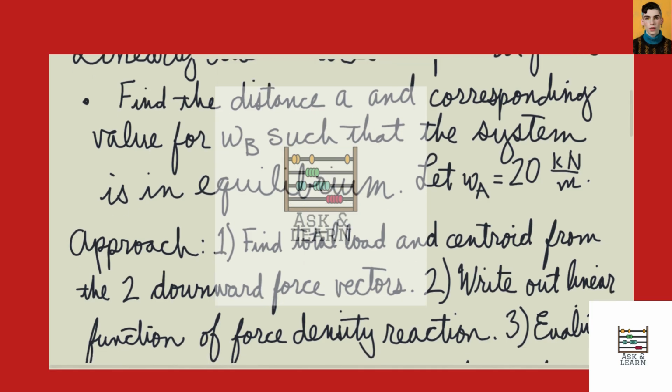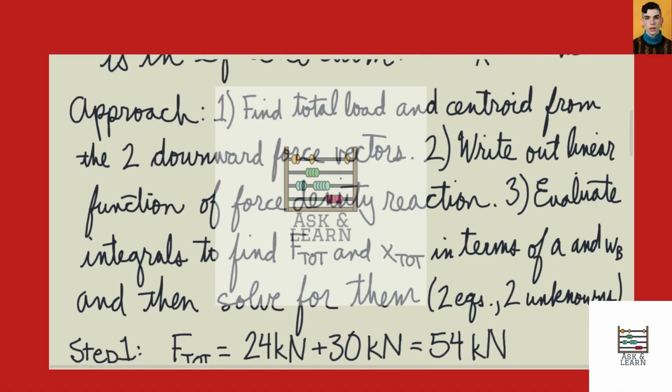We will first find the total load and centroid from the two downward force vectors. Then we will write out a linear function of the force density relation, that of the upward facing reaction force.